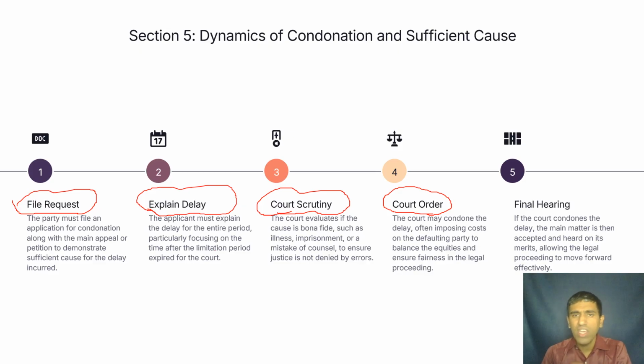Here it is called balance of equities, and that way even the defendant is somewhat compensated for his time wasted in the delay it took to file the case, or if he has suffered any injustice in the meantime, and so on.